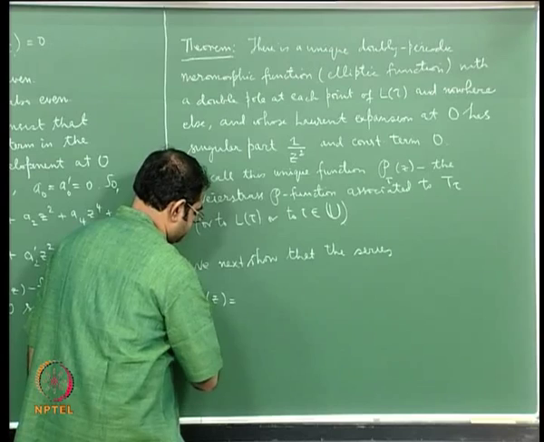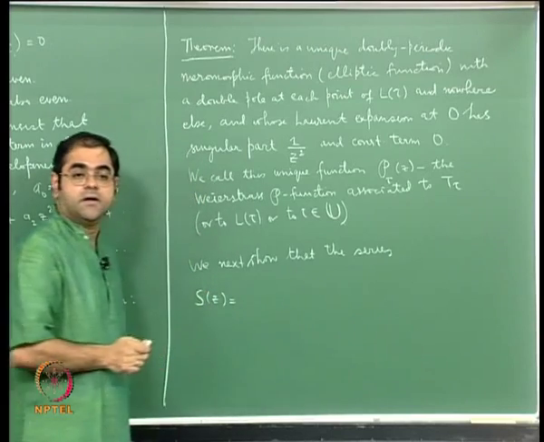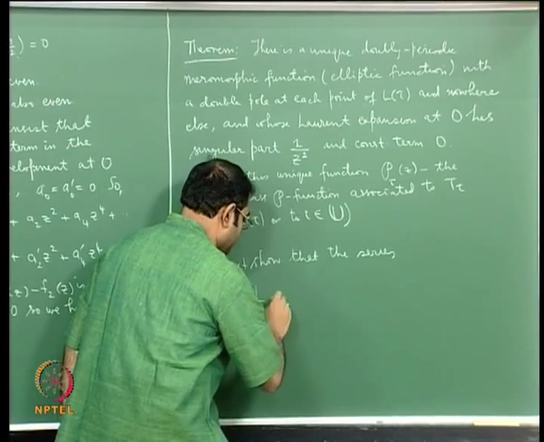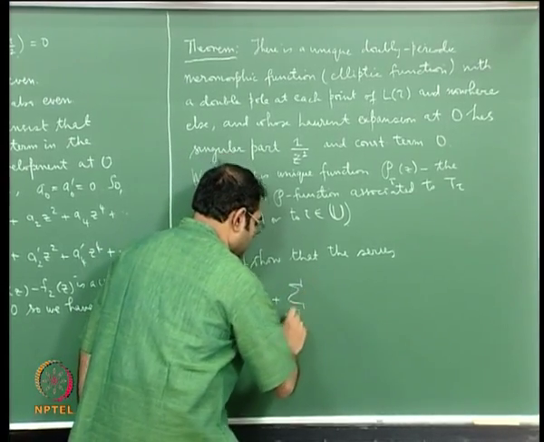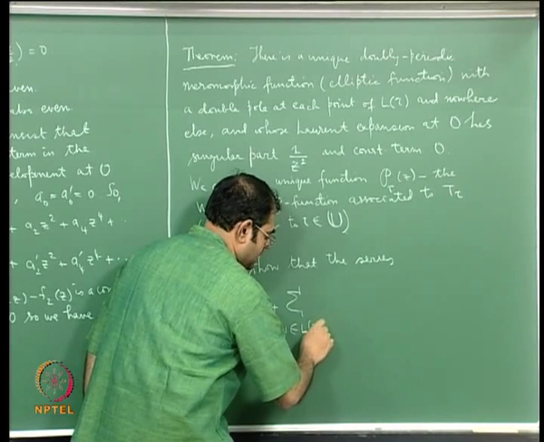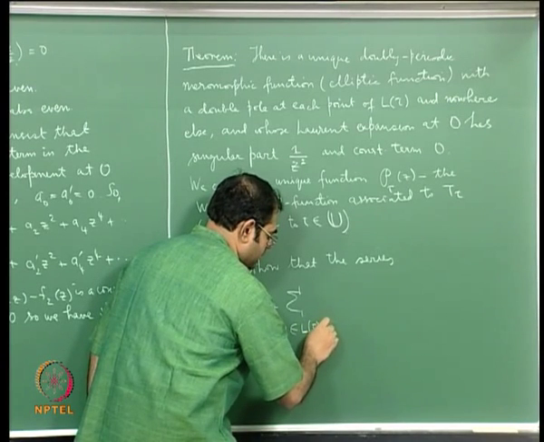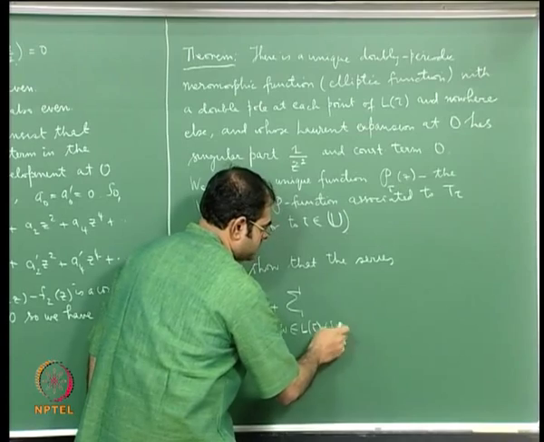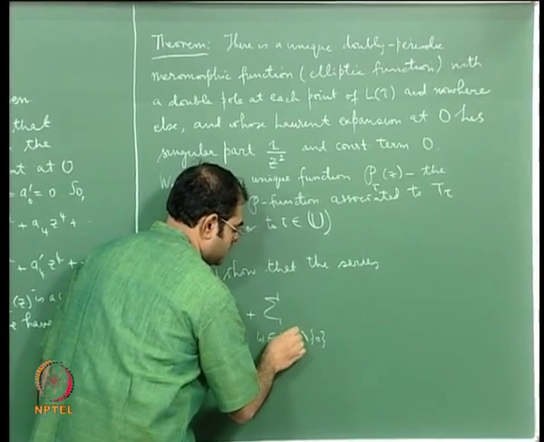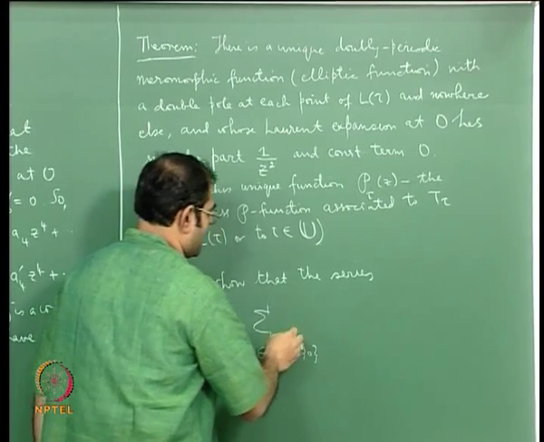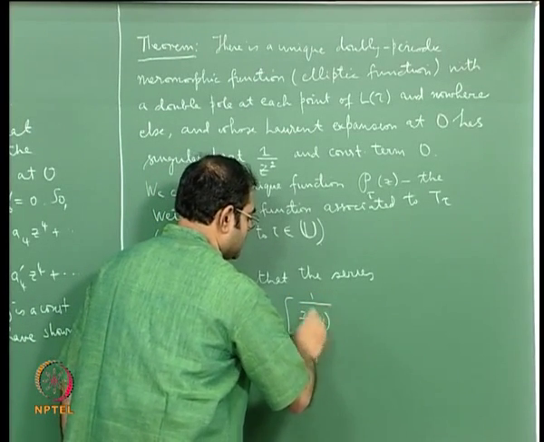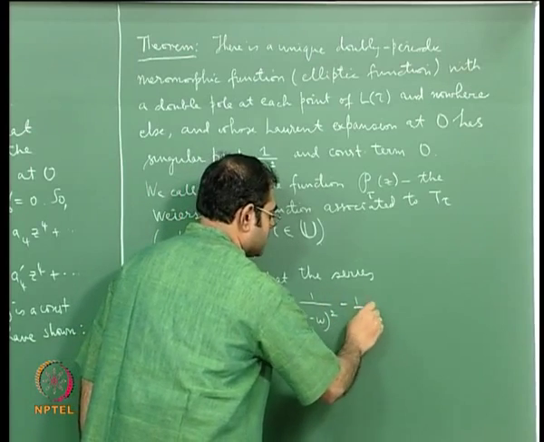So s of z is that series 1 by z squared plus the sum over omega in the lattice, omega not equal to 0, of this expression: 1 by (z minus omega) the whole squared minus 1 by omega squared.